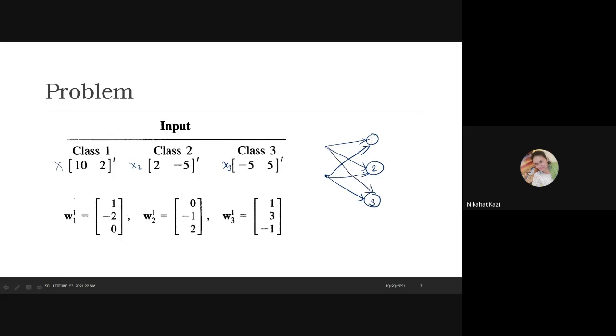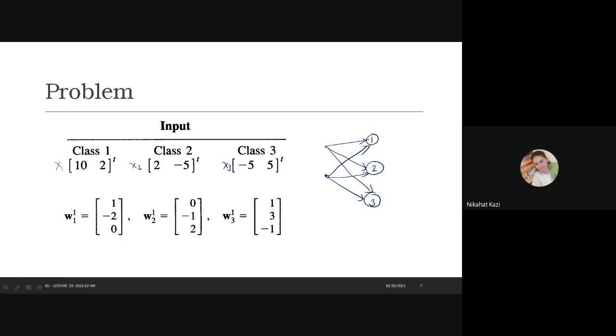Now, what are these weight vectors that you see? Why are there 3 weight vectors given to you? Usually when we solve a problem, there is one initial weight vector. Yes, there are 3 neurons, so that is why you have 3 weight vectors.